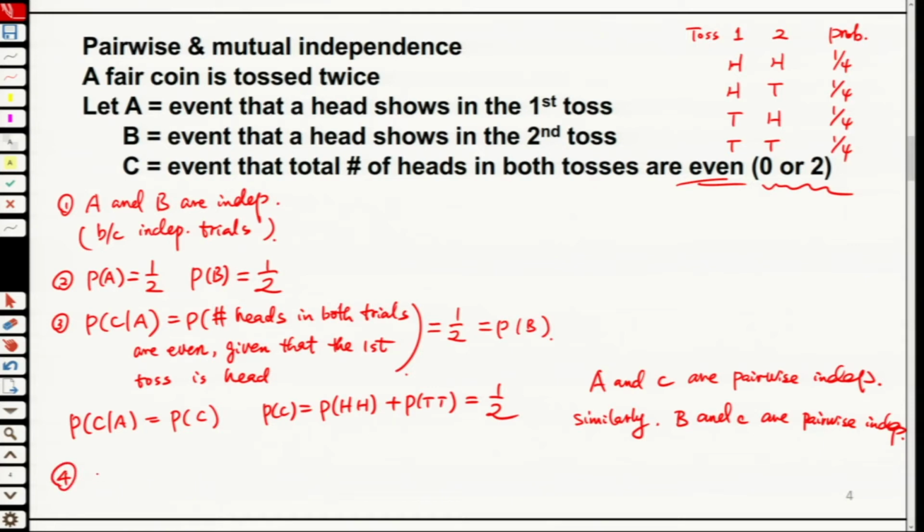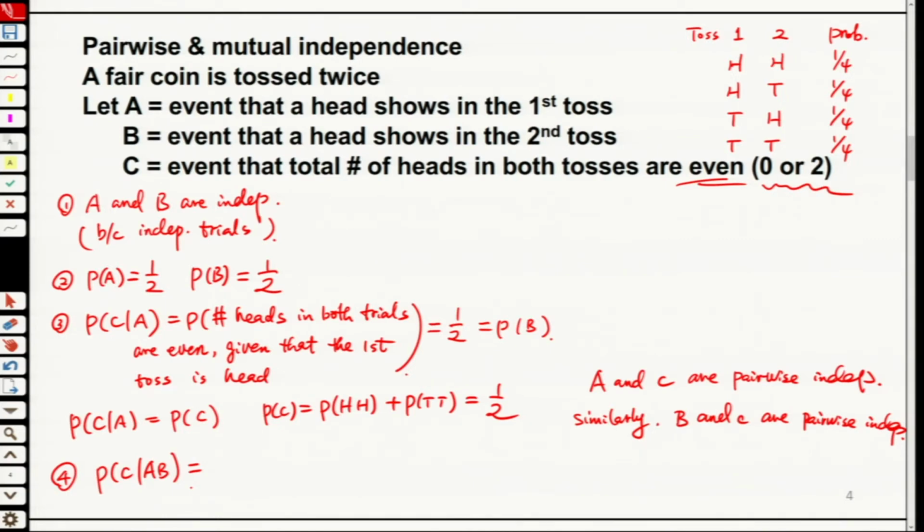Now, the last problem. If we have probability C given A and B, so if the first is head and the second is head, what is the probability of C happening? Given that the first toss is head and the second toss is head, what's the probability that it's even?